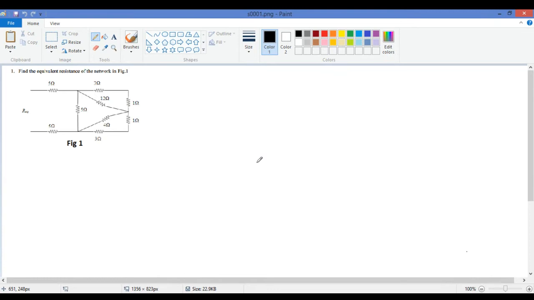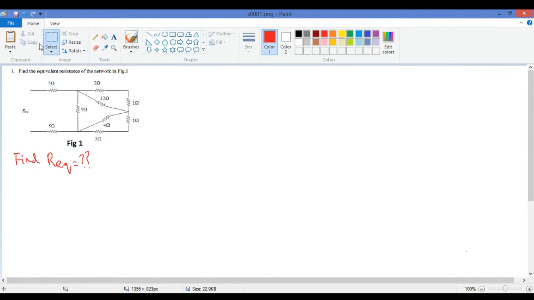So we need to find out R equivalent. It's just asking us to find R equivalent. How do you find R equivalent? We find it with the help of this circuit, in which the components are randomly connected, some in series and some in parallel.